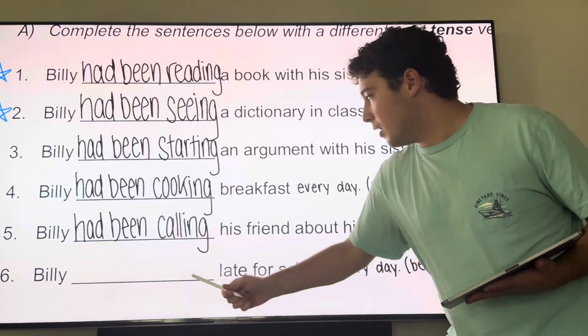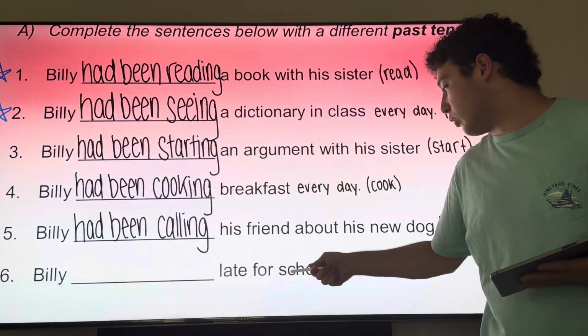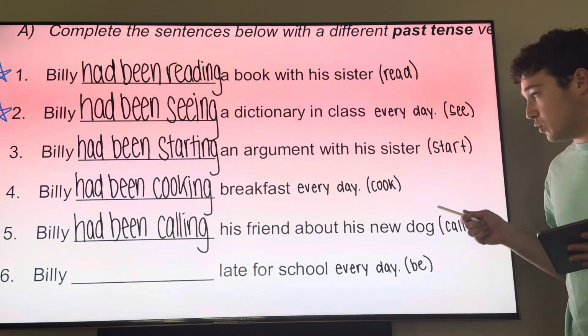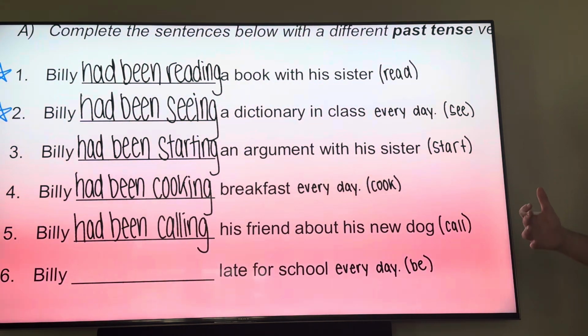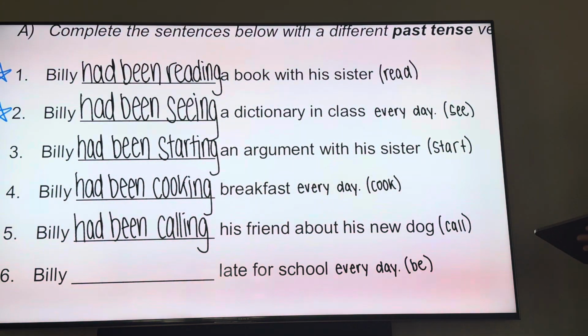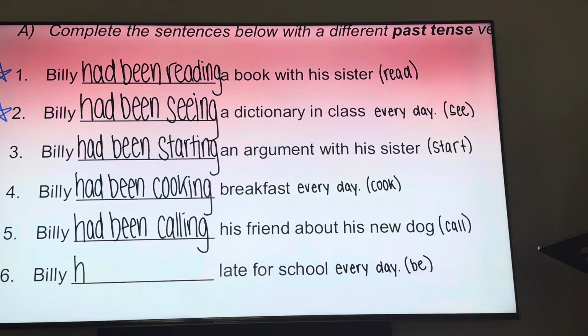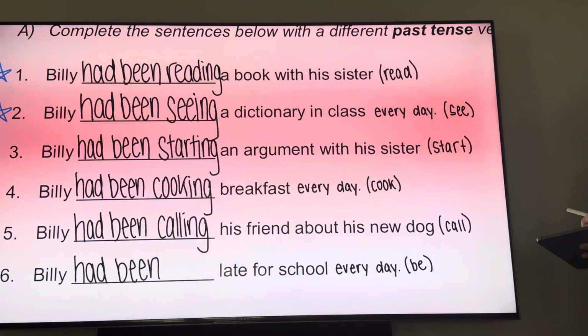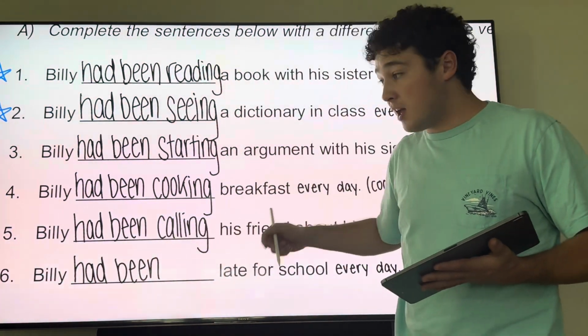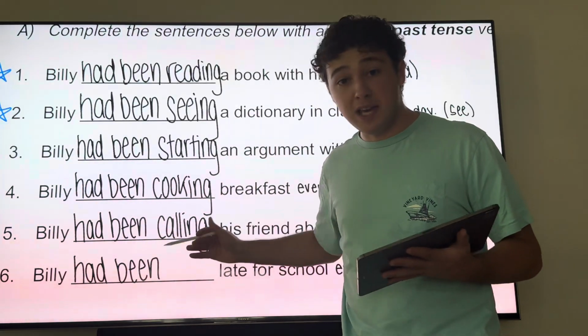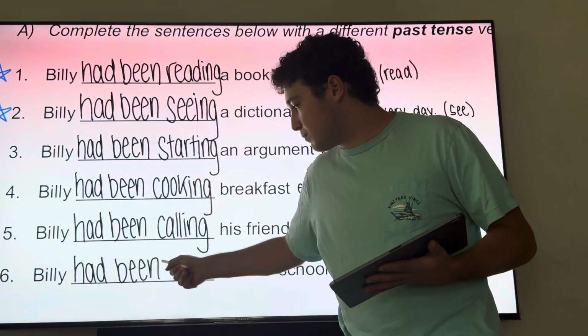And last one, Billy blank late for school every day, and they give you be. Now this one would be a little bit different. This one would just be Billy had been. Because been, Billy had been, this is be. This is the past perfect for be.